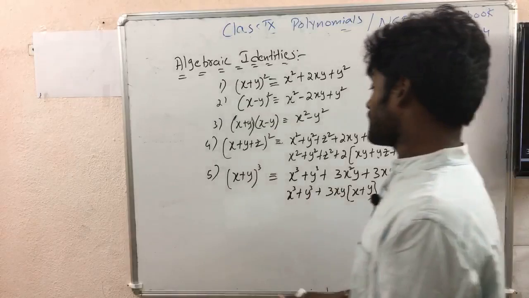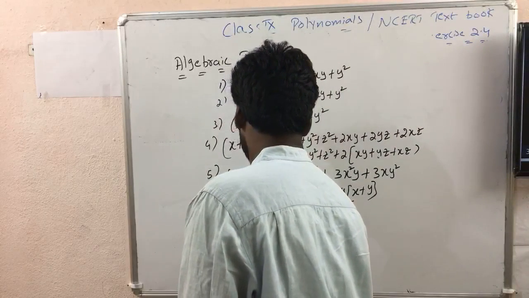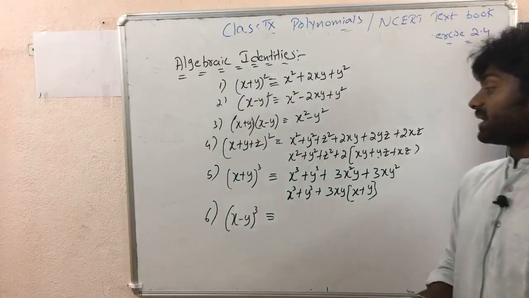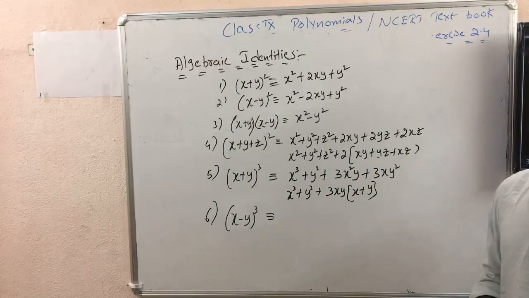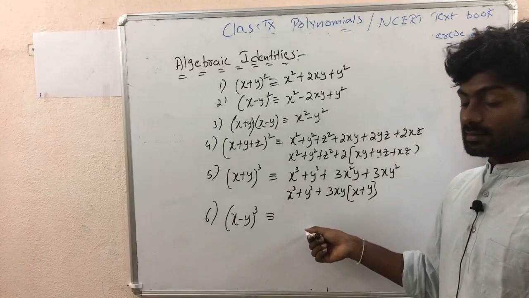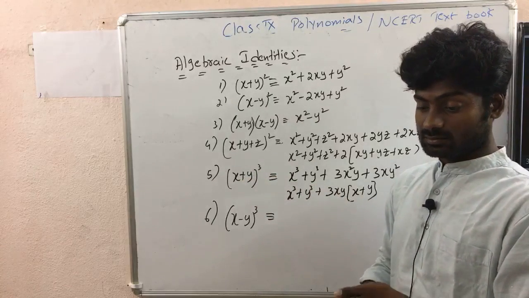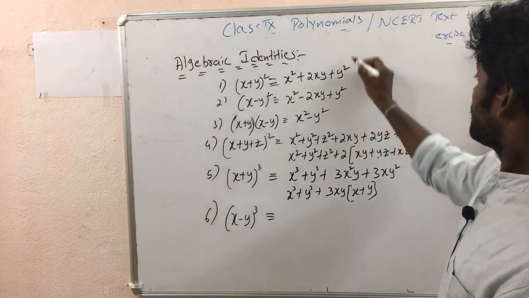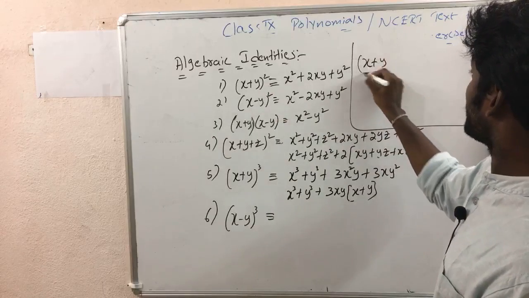Okay. Next identity, x minus y whole cube. Very similar to x plus y whole cube. And don't worry, see, x plus y whole square means x plus y into x plus y.